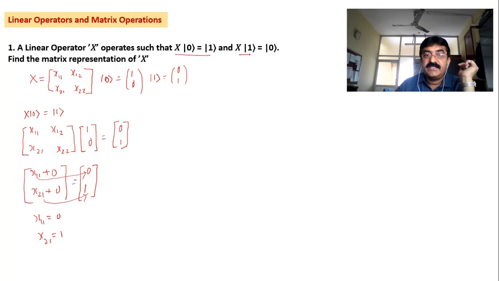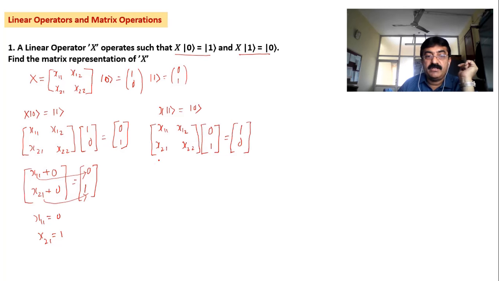Now let us take this one, that is X ket 1 is equal to ket 0. Again same thing, x11, x12, x21, x22 into ket 1, it is nothing but 0 1, so that is equal to 1 0.